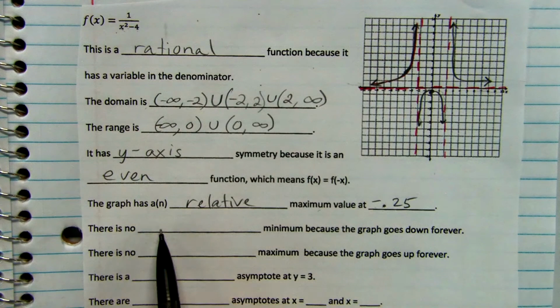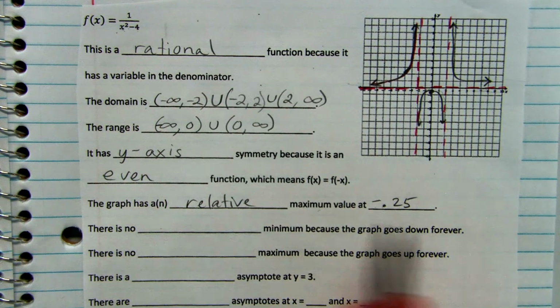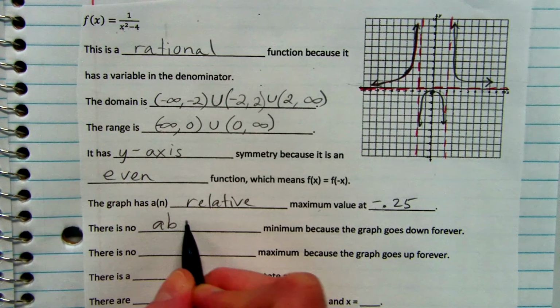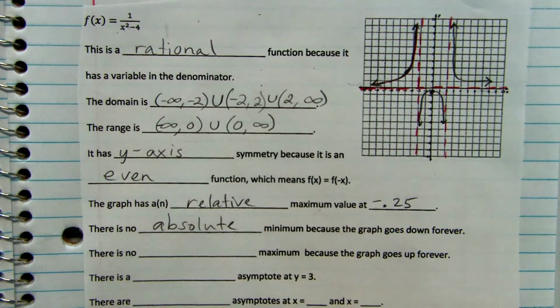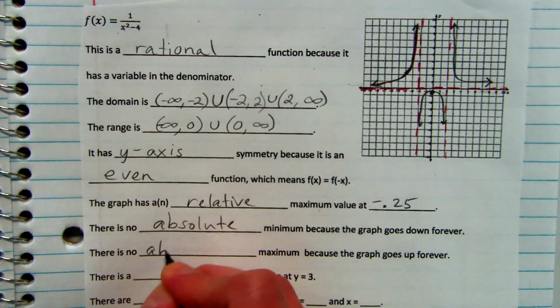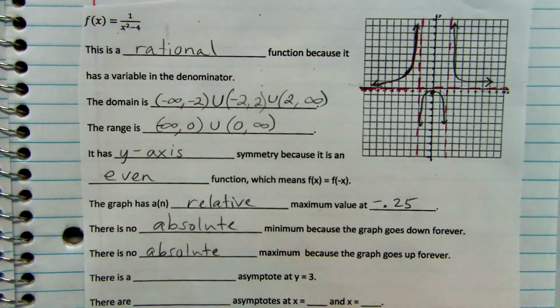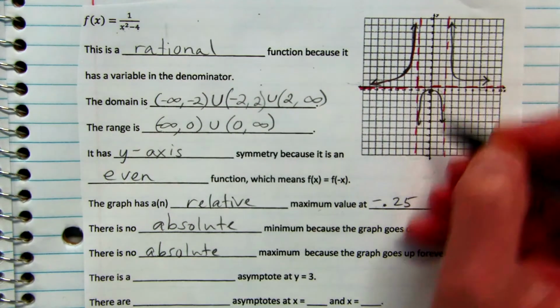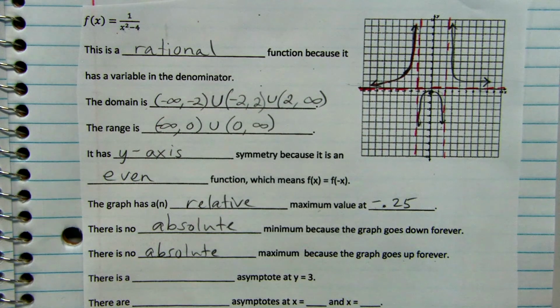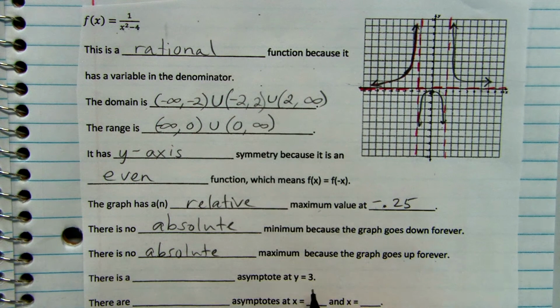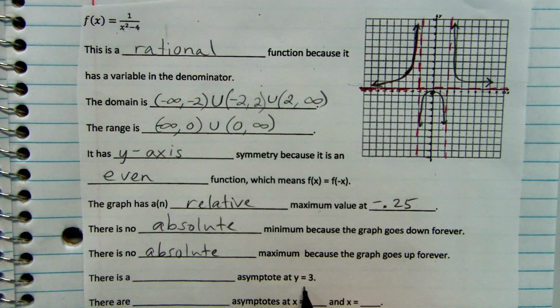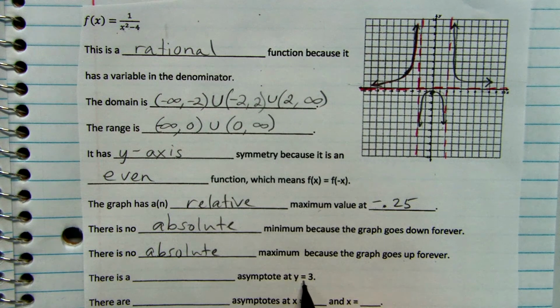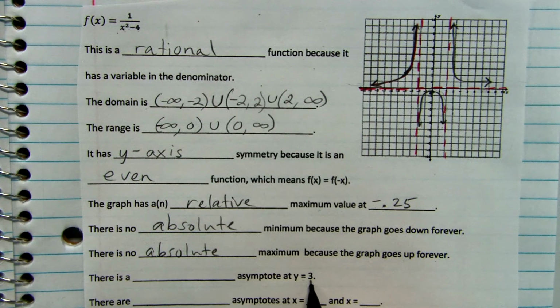There is no absolute minimum because the graph goes down forever. And there is no absolute maximum because the graph goes up forever. So that's the arrows on the top and the bottom. There's no actual stopping point. There is a horizontal asymptote at y equals, I don't think that's supposed to be 3.